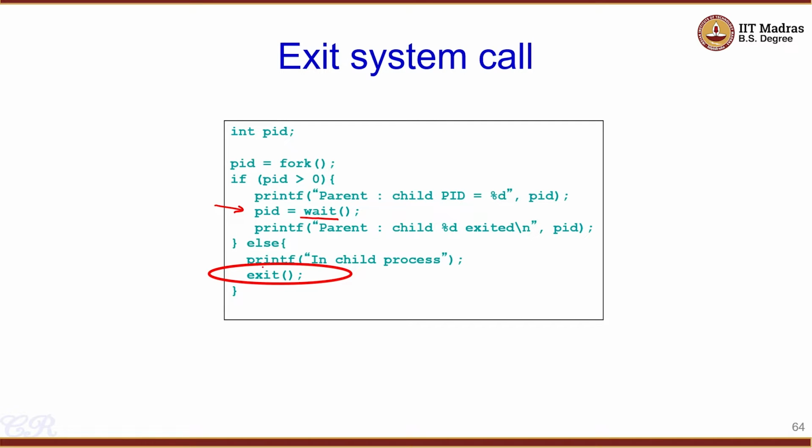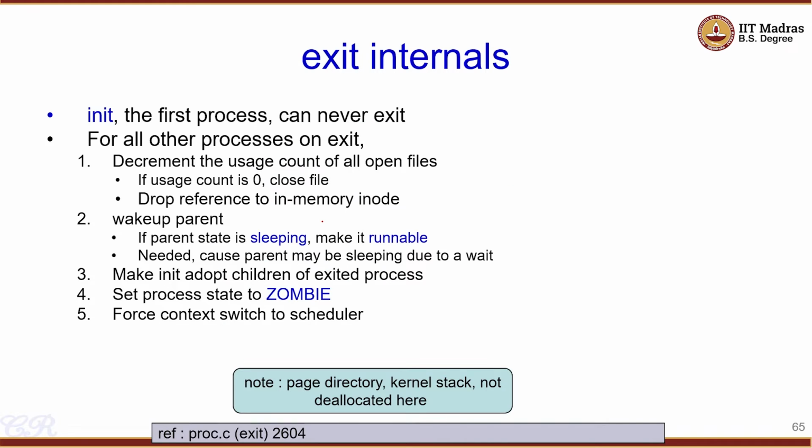The exit system call, which is invoked in this example in the child process, would terminate this process. We will first look into the exit implementation and then the wait implementation.